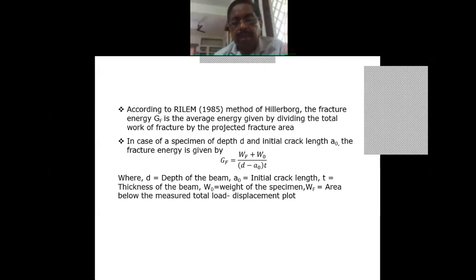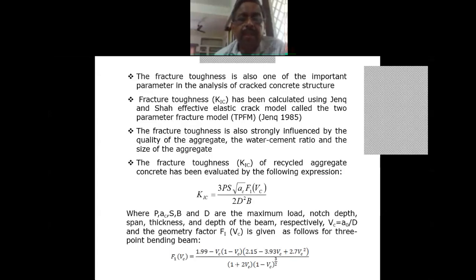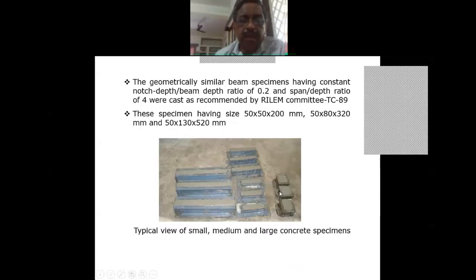For that we have to follow some procedure or standards, like RILEM Committee TC 89, which says you have to follow a notch depth to beam depth ratio of 0.2 and a span to depth ratio of around 4, so that you can use those equations and calculate it.